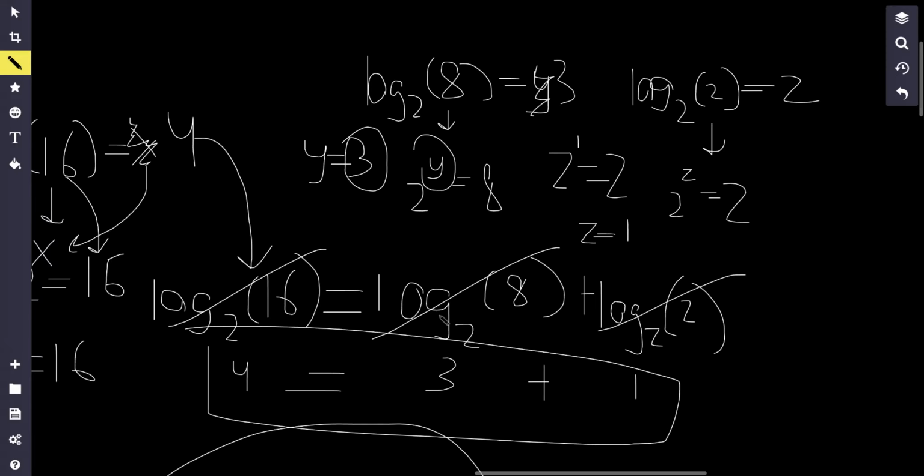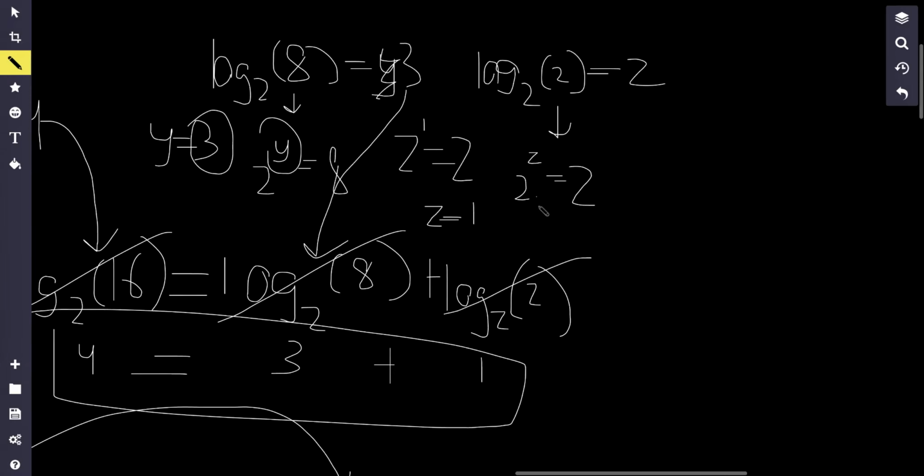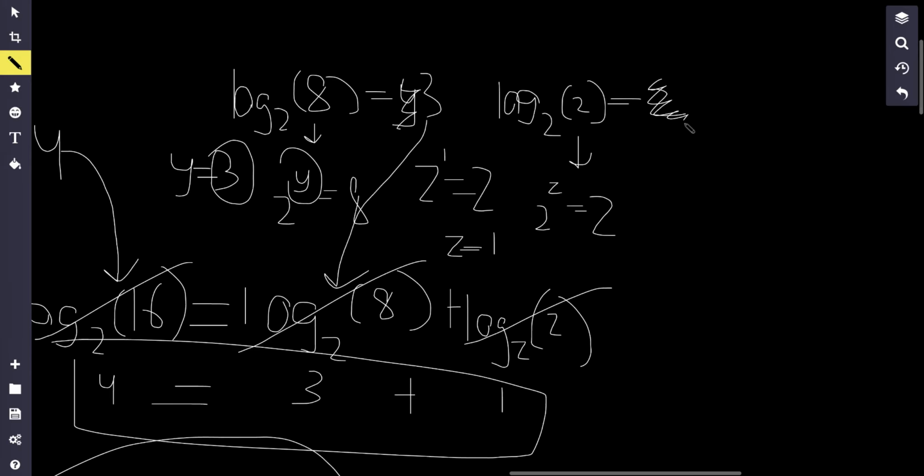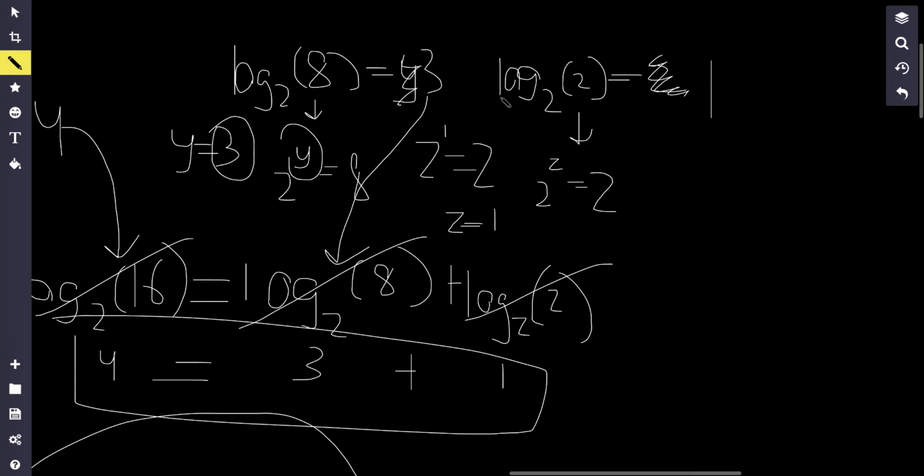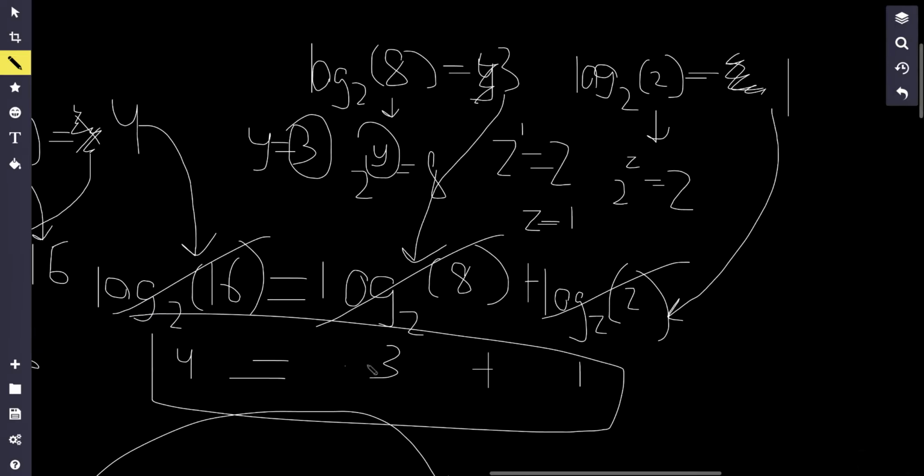So that means instead of log base 2 of 8, we are able to substitute 3. This one, 2 to the first power is equal to 2. So z is equal to 1, which means that instead of log base 2 of 2, we can substitute in a 1 for this. So 4 equals 3 plus 1.